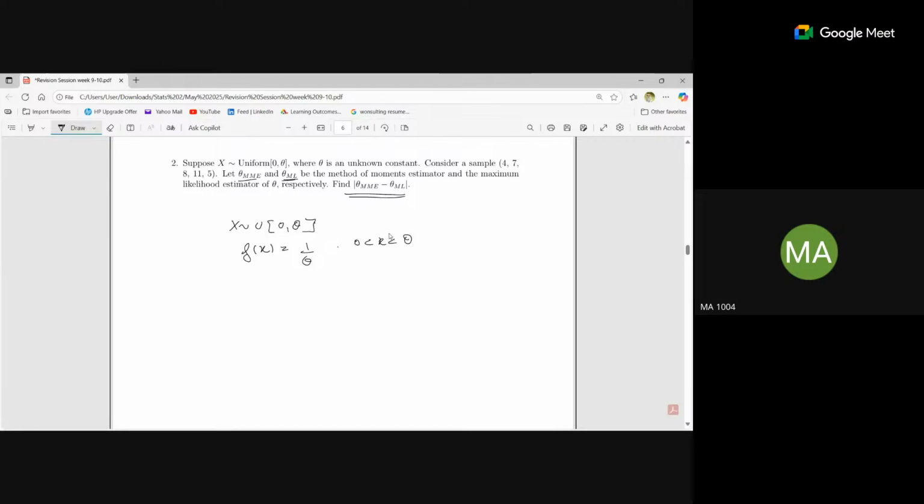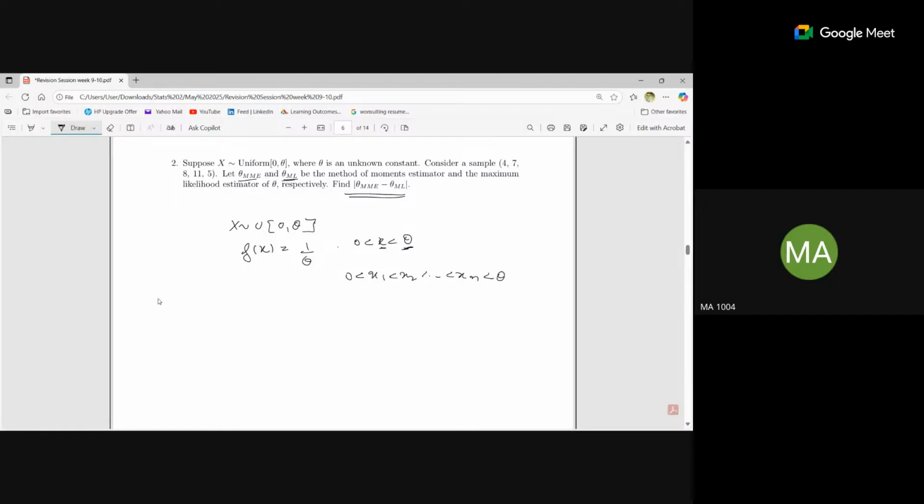So just remember that in the method of maximum likelihood, the values of X lie between 0 and theta, so I can write it like this, correct? Yes or no?